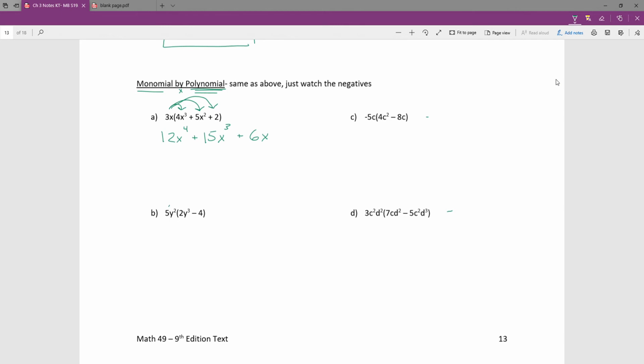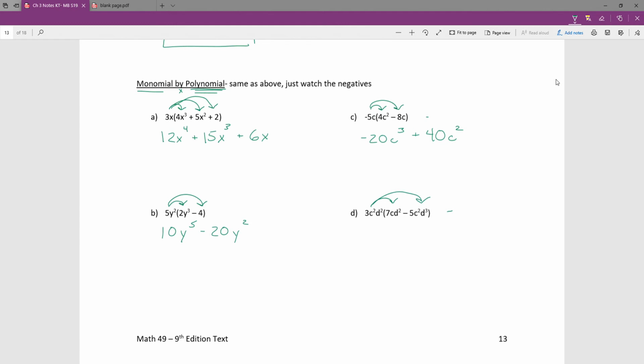Doing b next. And c. And the last one. Whole lot going on with this one.